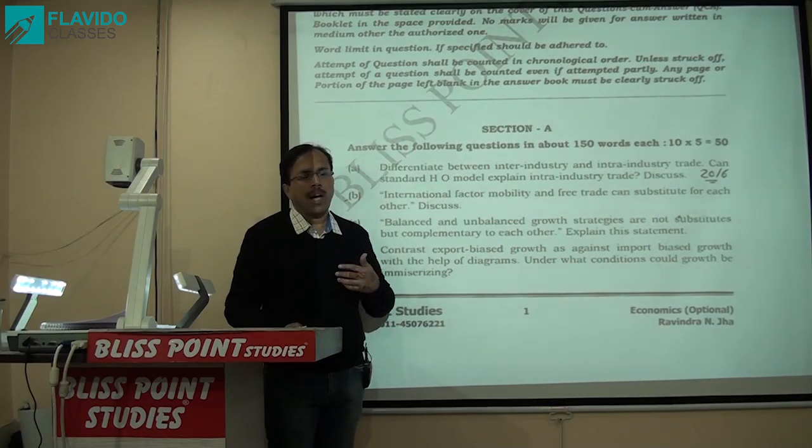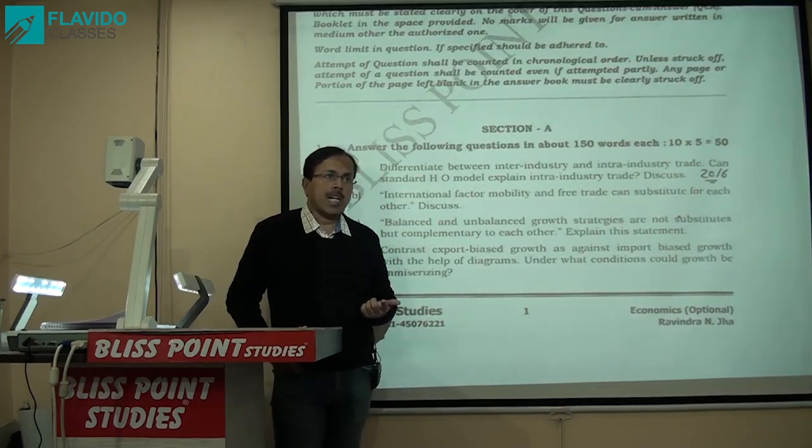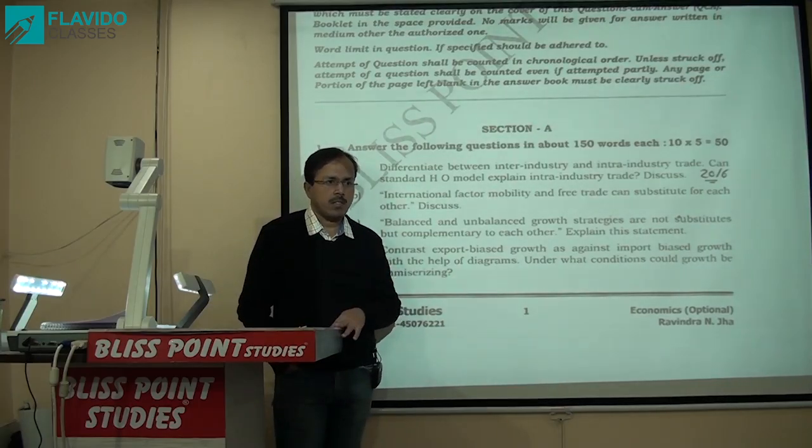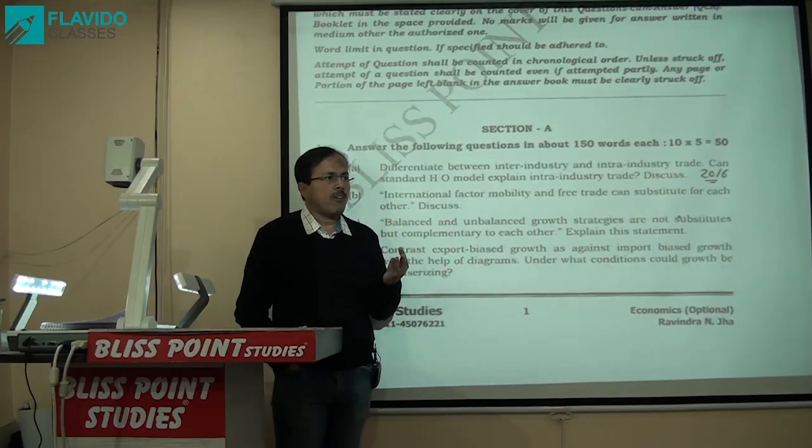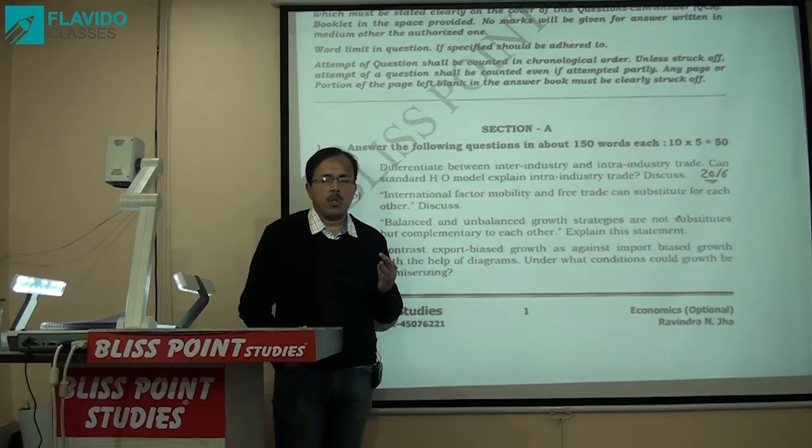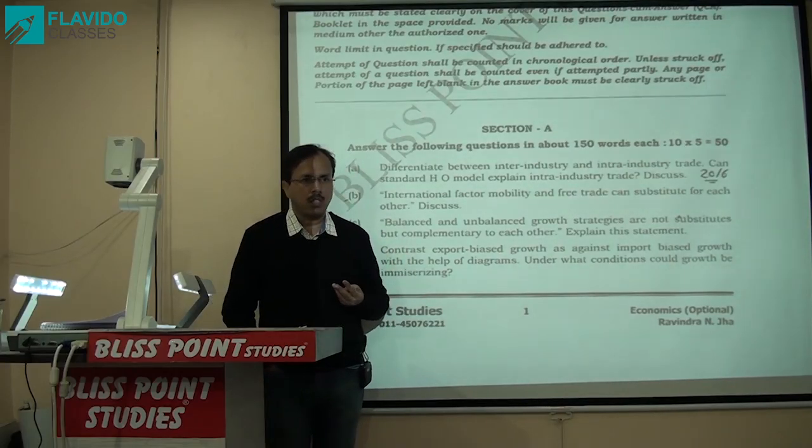If I say export bias growth is happening, it means the factors of production used intensively in the export sector are increasing. Either the factor of production is increasing or the productivity of that factor is increasing. Growth could be in the form of technical change, or in the form of a resource change.